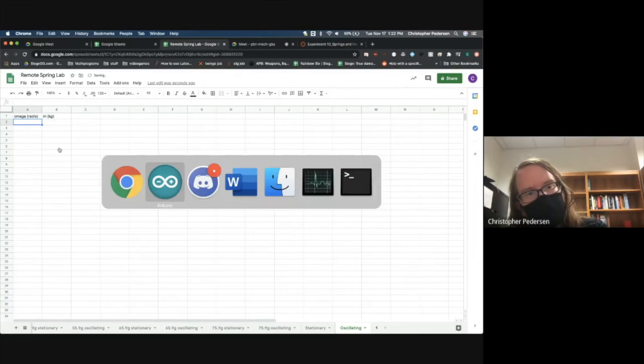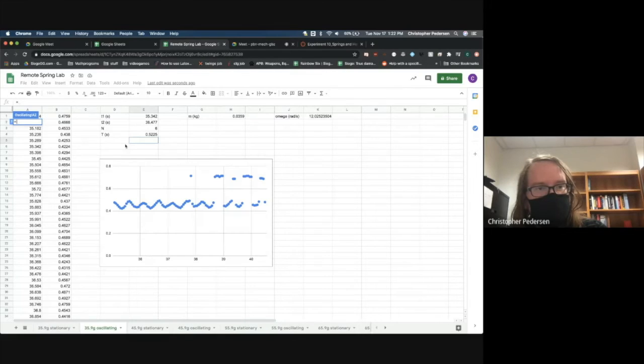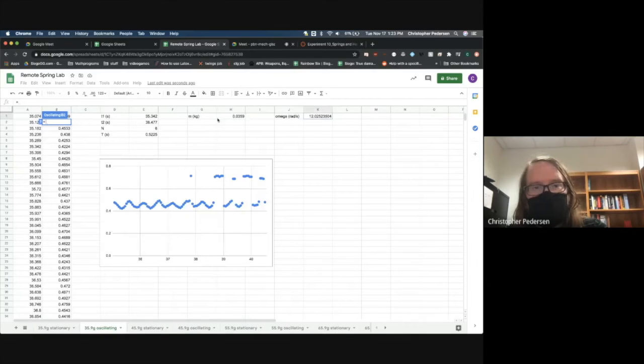And so what we can do is equals, and then go to another sheet, the oscillating sheet, and we want omega, so that would be omega. Hit enter, and then hit equals, go back to that same sheet, and that's the mass. Hit enter.